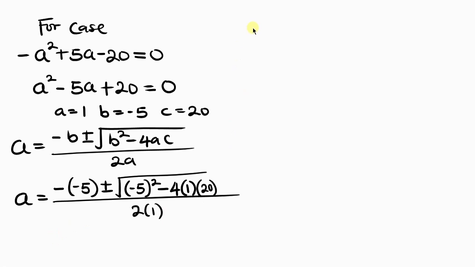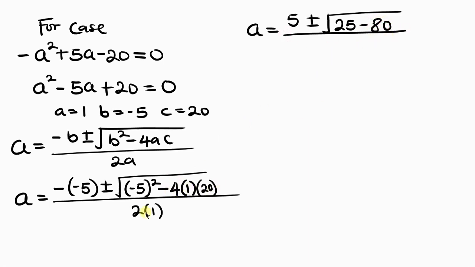So we have a equal to negative times negative 5, we have positive 5 plus or minus the square root of, now negative 5 squared is actually 25, minus 4 times 1 times 20 is 80, all over 2 times 1 is 2.